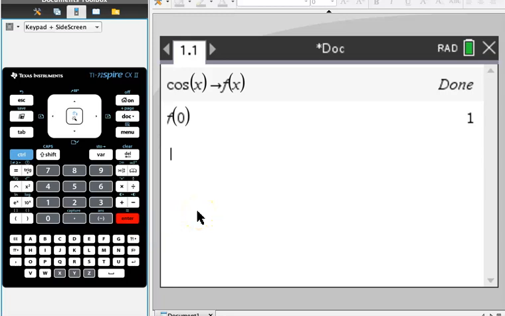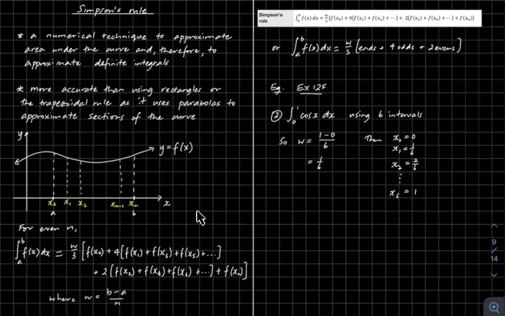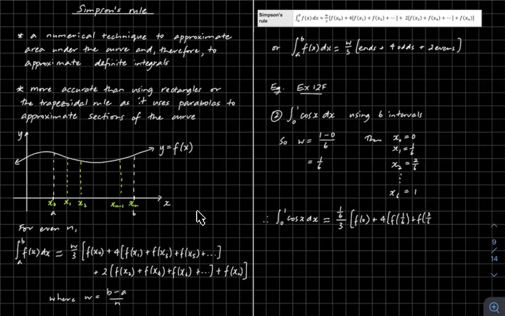Okay, so for my value of Simpson's rule, if I actually just go back to this one here, I'm going to be saying the integral from 0 to 1 of cos x dx is approximately equal to, so there's w over 3, and then I'm going to have f of 0 plus 4 times f of 1/6 plus f of 3/6 plus f of 5/6 plus 2 times f of 2/6.